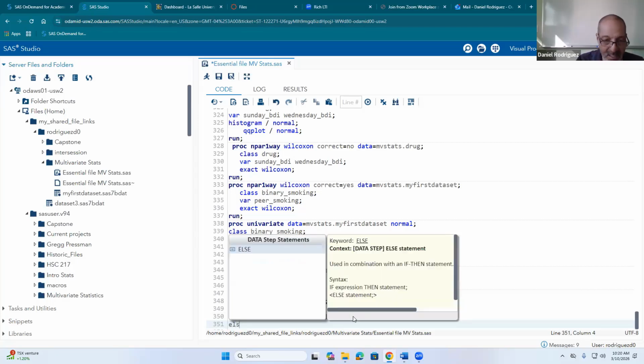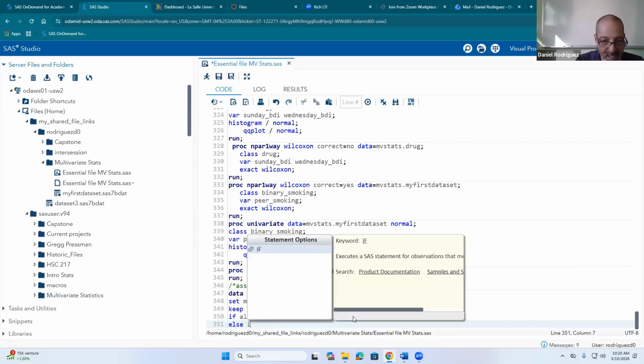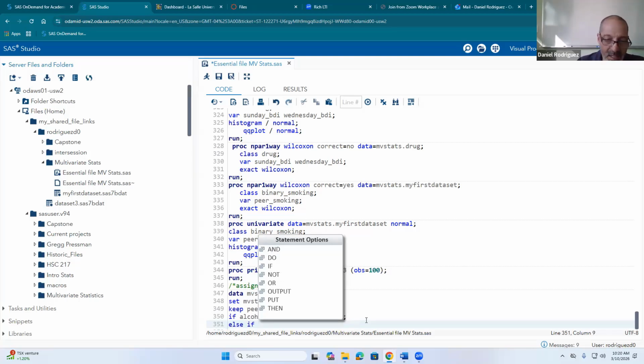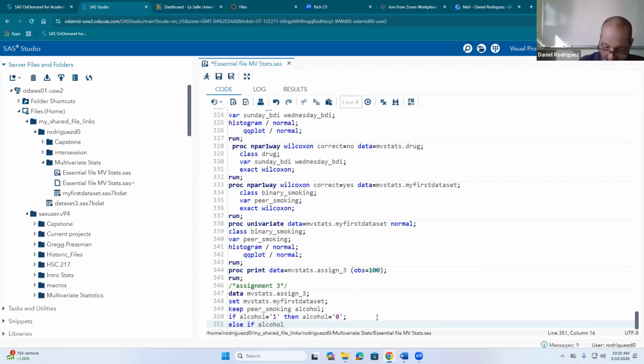Else, if, well, I could just say else it is equal to 1, but then that would mess up the missing values, right? So I'll say else if alcohol is greater than 1.